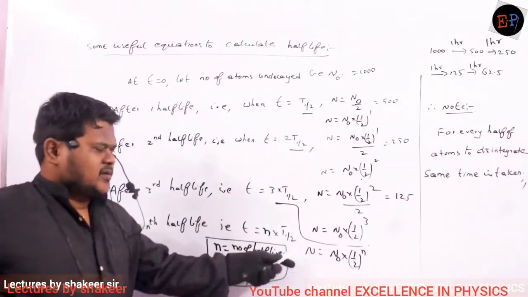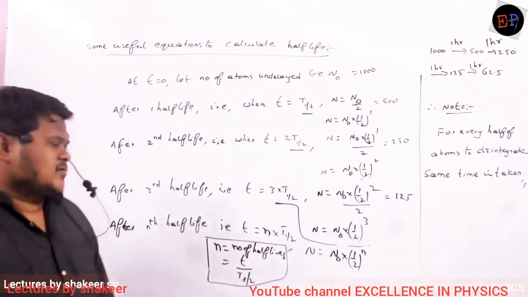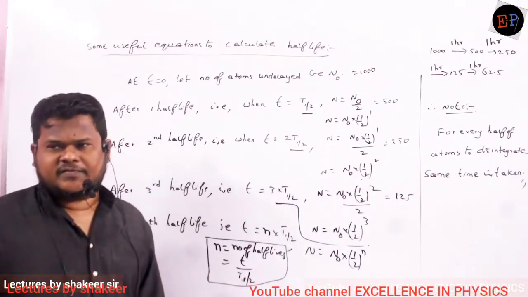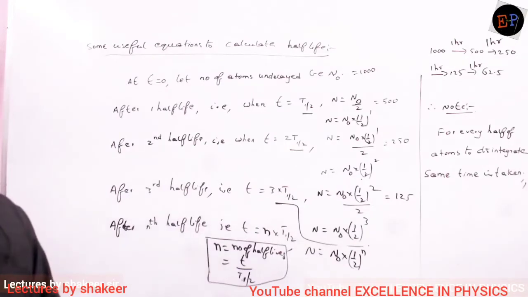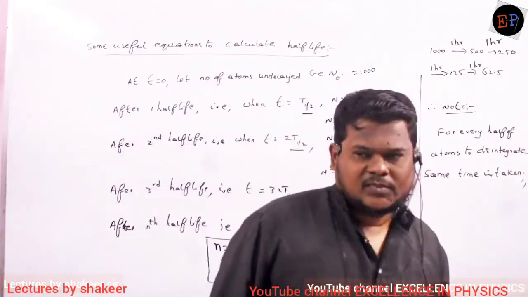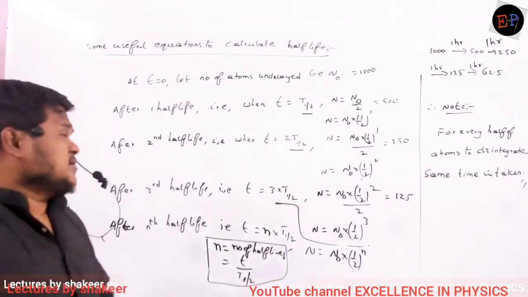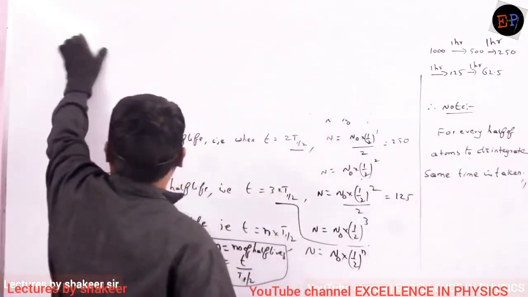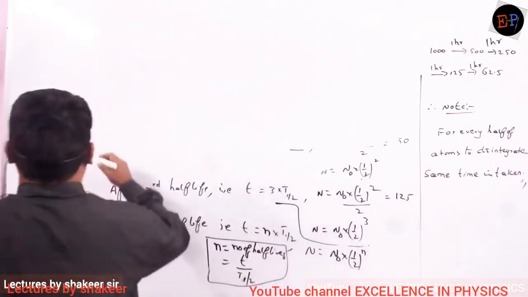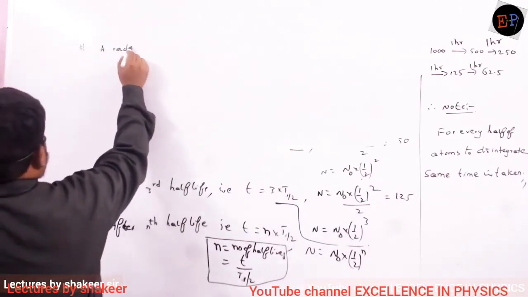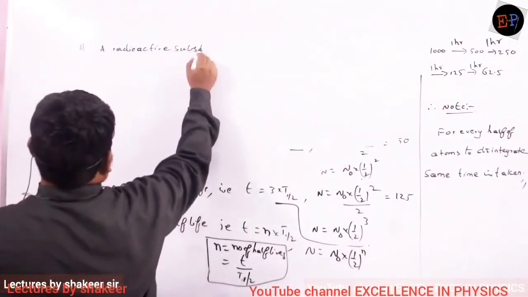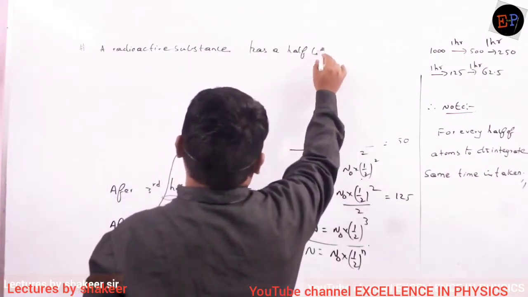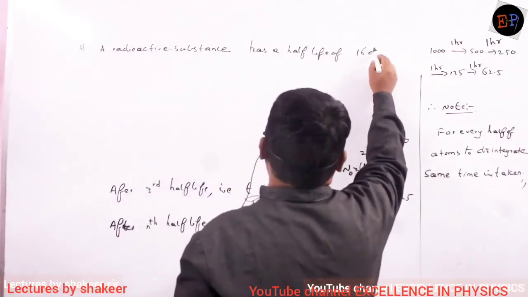So this is one very beautiful equation to calculate the number of half-lives, or how many atoms are present after a particular number of half-lives. Okay? So write down one question. Question is: a radioactive substance has a half-life of 16 days.